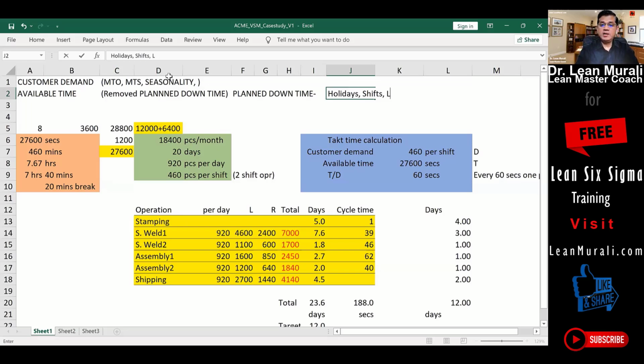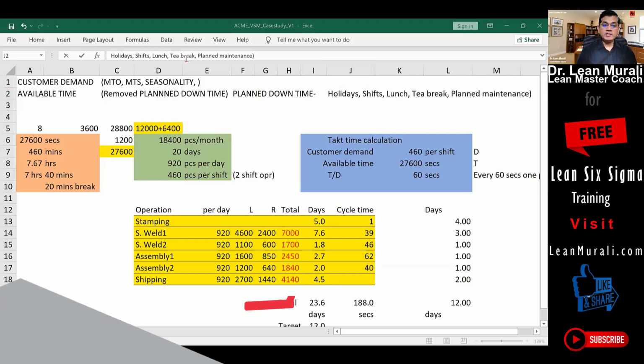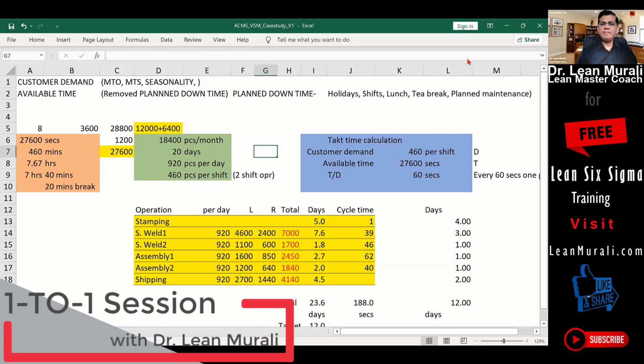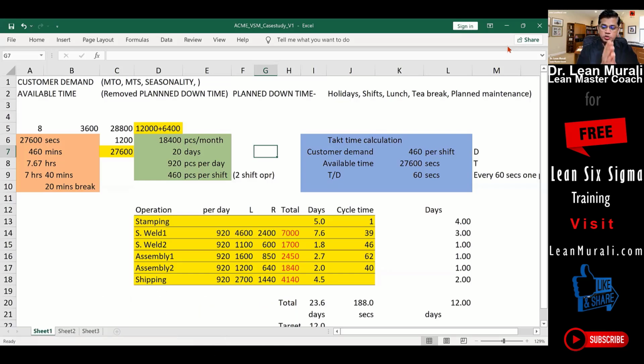Then comes lunchtime, then tea or coffee break, and then planned maintenance. Planned maintenance is preventive maintenance, not breakdown maintenance. The examples I've given are a management decision. The reason I'm saying this is that when you calculate the available time, please remove all the planned downtime. That's the point I was trying to make.